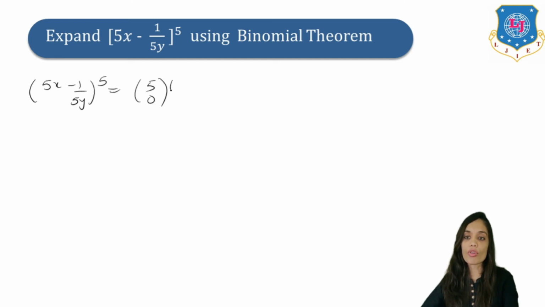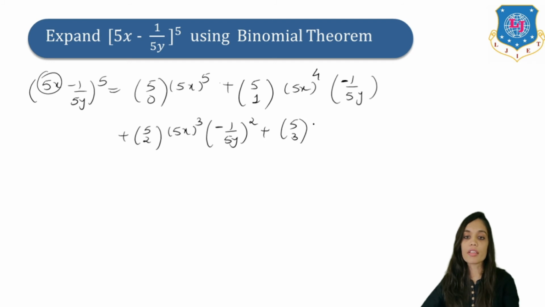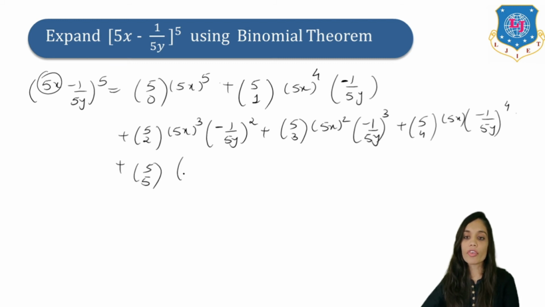It will be 5C0 into (5x)^5 plus 5C1, decrease the power of a, increase the power of b, (5x)^4 into minus 1 upon 5y, plus 5C2 (5x)^3 (minus 1 upon 5y) whole squared, plus 5C3 (5x)^2 into (minus 1 upon 5y) whole cubed, plus 5C4 (5x) into (minus 1 upon 5y) whole raised to 4, and lastly we will have 5C5 (minus 1 upon 5y) whole raised to 5.